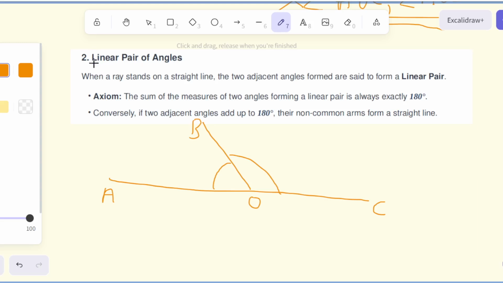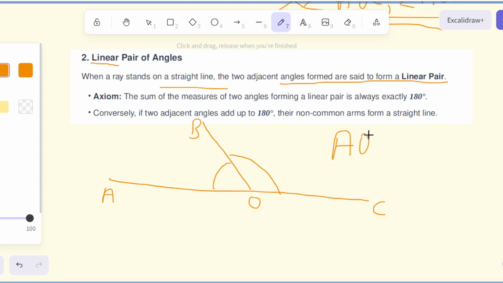Linear itself means line, right? So angles on a straight line are a linear pair and they will add up to exactly 180 degrees. When a ray stands on a straight line, the two adjacent angles formed are said to be a linear pair. So basically linear pairs are adjacent angles, but on a straight line.